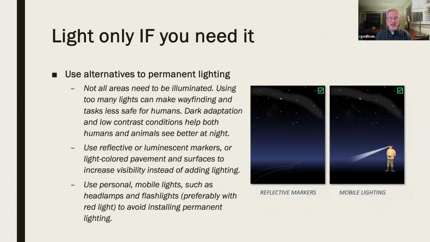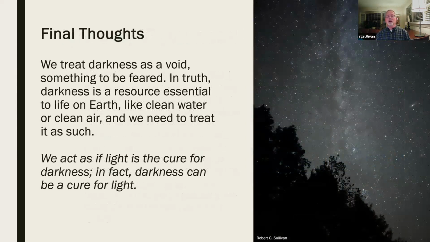So you think about places where you could either just do without the lights at all, because they're just there for vanity, or no purpose at all, or use markers or light colored pavement, or even if we're talking about a place you go to rarely, a headlamp or a flashlight so that you don't have to install a permanent light.